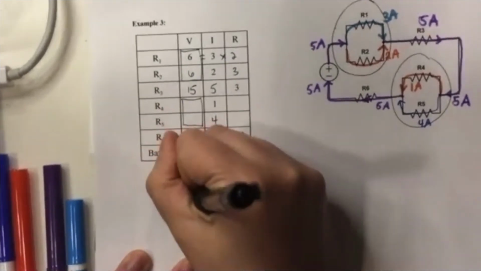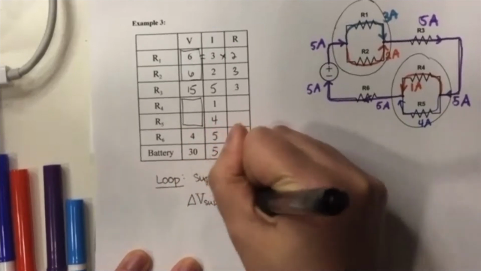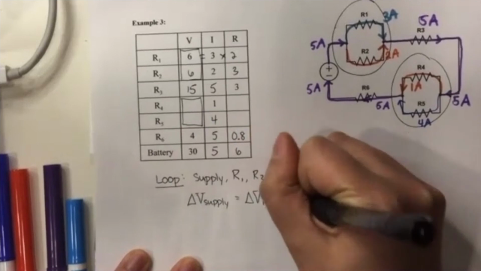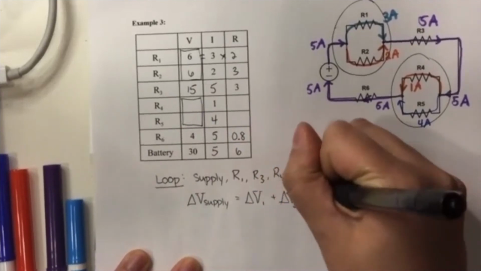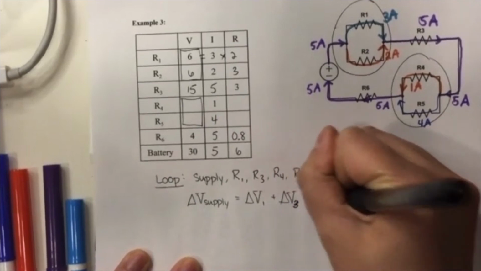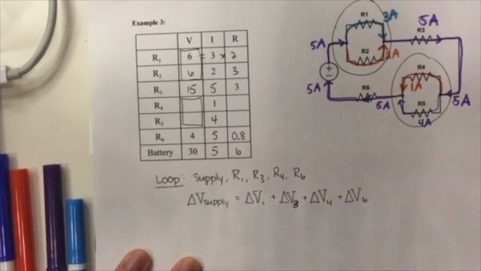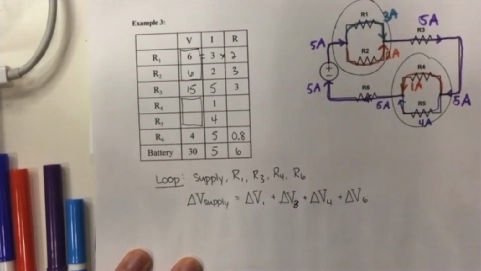And along that loop, the supply's energy has to get used up by all the resistors in its path. The other resistors, like resistor 2 and resistor 5, I don't care about because they're not part of my loop. Think of it as a path an electron could take. It could go over path 1, 3, 4, 6, but it can't go over both paths 1 and 2 simultaneously.